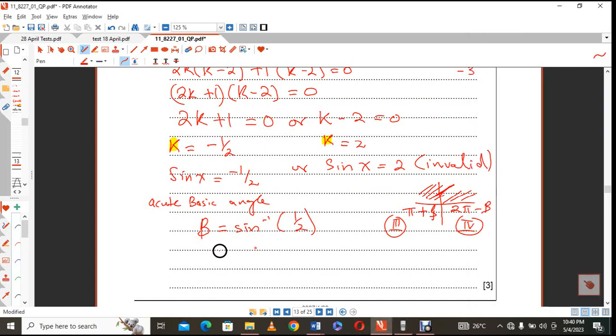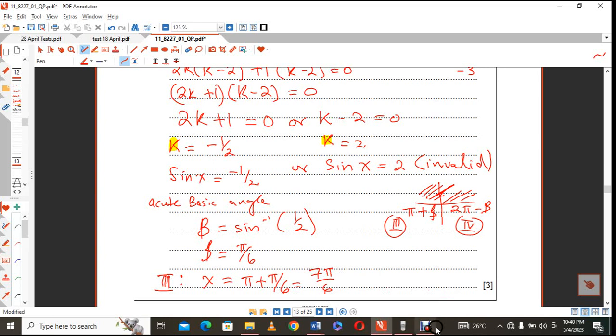So our acute basic angle is pi over 6, but that's not the required angle. The required angle will be in the third quadrant because it's still within the domain. Then angle x would be pi plus pi over 6, which if you add them gives you 7 pi over 6.